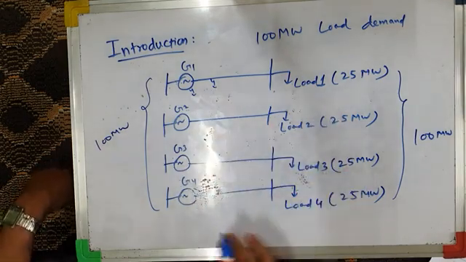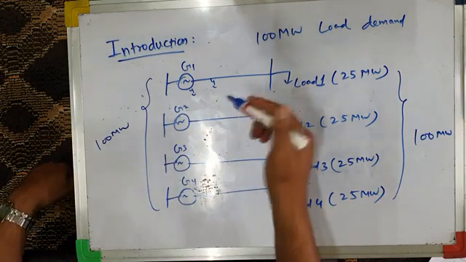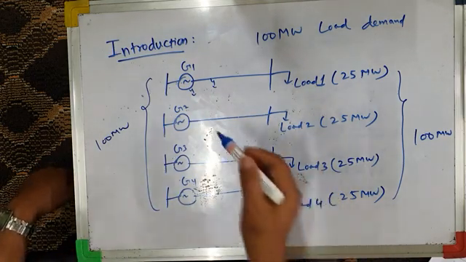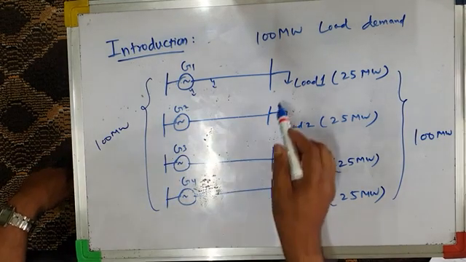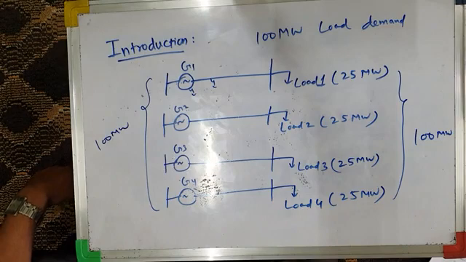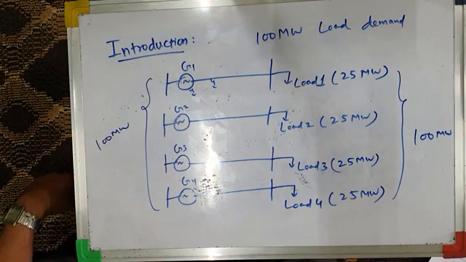Whereas the other 3 loads, load 2, load 3, load 4, will continuously get their power supply. But if there is a fault which results in shutdown of the generating station, all the load will lose power. So that means the system is not very reliable. A small fault on any of the generating stations or on any of the systems will result in complete blackout of that particular region.